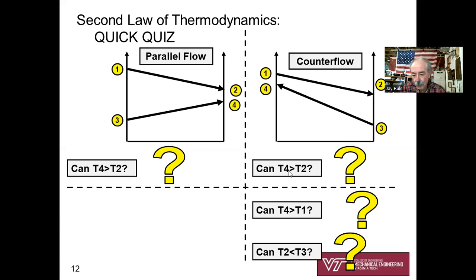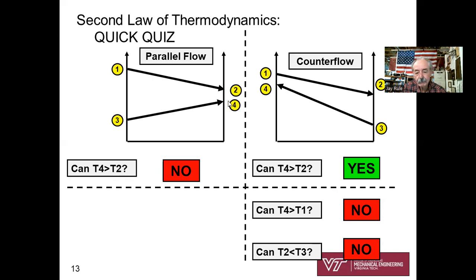Can T4 ever be bigger than T1? Last question, can T2 ever be less than T3? Can T2 ever be down here? So those are the questions. If you had a quiz, could you answer all four of those questions? Let's look at the answers.